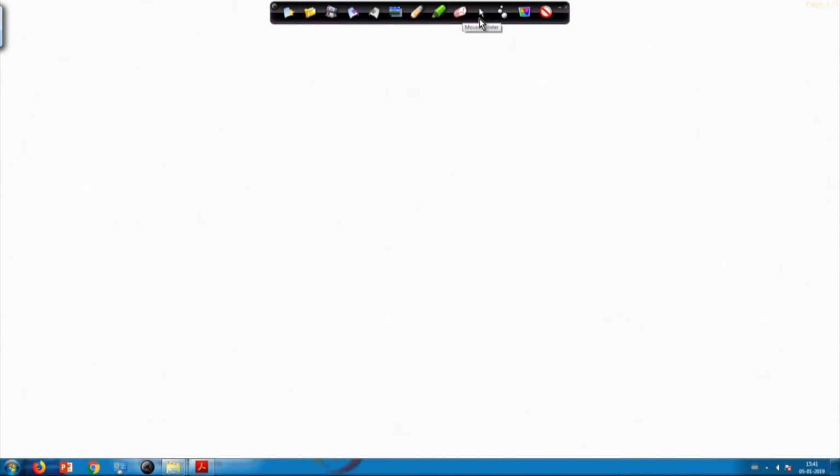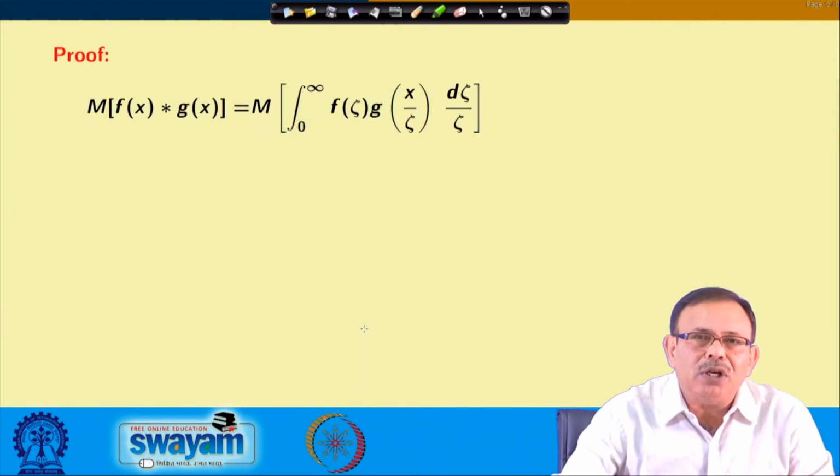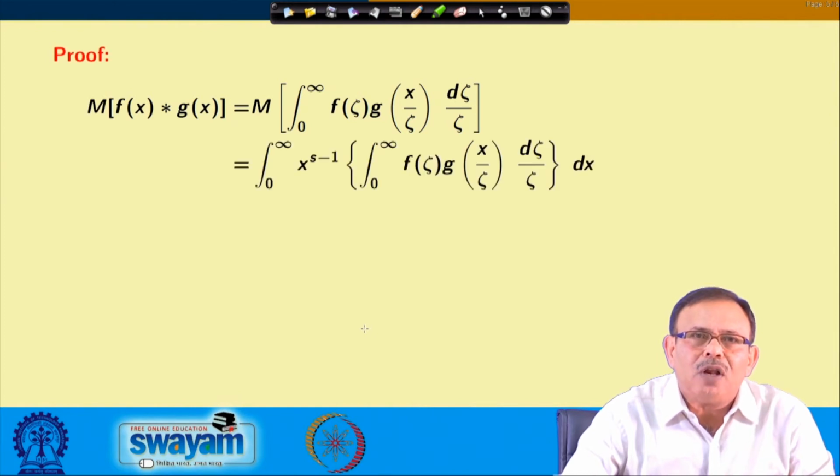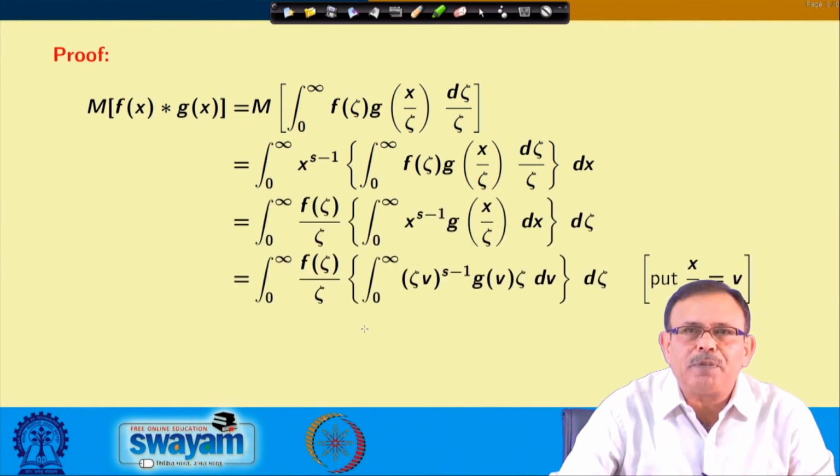Let us see it once more for the first part of the proof, because it has two parts. We are starting from the Mellin transform of f(x) convolution g(x). From the definition you are writing the integral from 0 to infinity of f(eta) g(x/eta) d eta/eta. Now, from the definition of the Mellin transform, you can write this as 0 to infinity x to the power s minus 1, 0 to infinity f(eta) g(x/eta) d eta/eta, into dx.